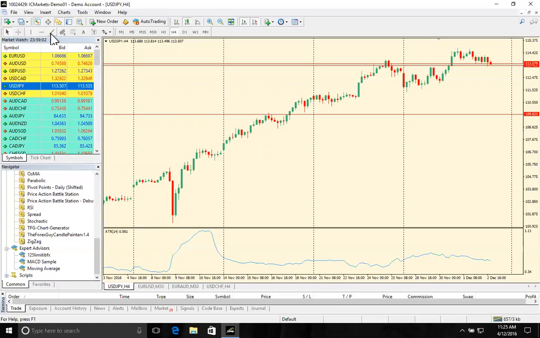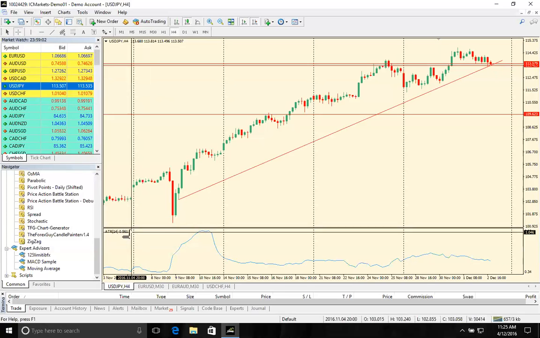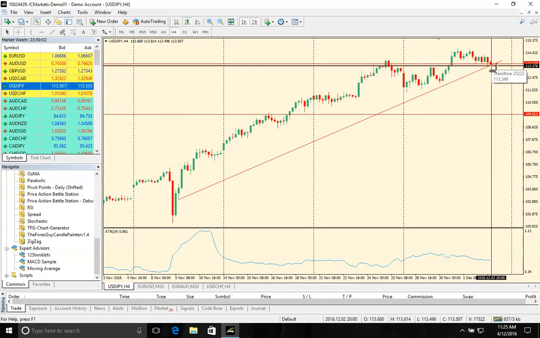So if I draw a trend line on this one, which goes somewhere around here, and for example I'm entering a long here, then my stop loss based on this ATR is 12 pips below here. So 12 pips is somewhere here, right?